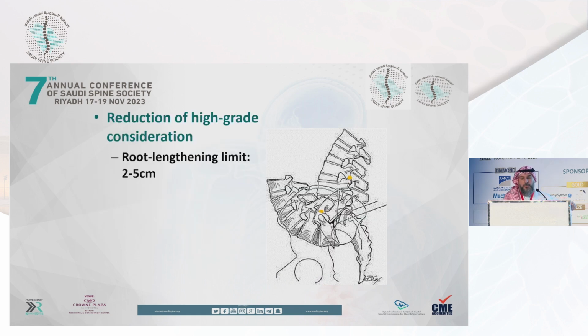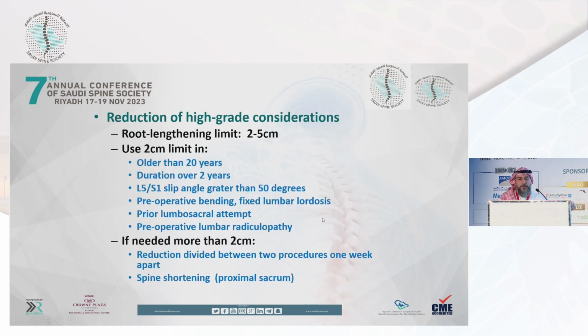So now, an issue we should always consider whenever you want to reduce the patient is the nerve root, which is stretched, and the risk for the nerve roots. So you should keep in mind the root lengthening limit of 2 to 5 centimeters from the position where it is to the position where you are planning to.